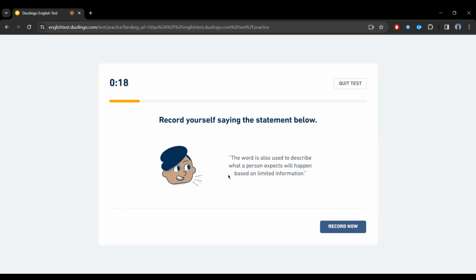The word is also used to describe what a person expects will happen based on limited information.